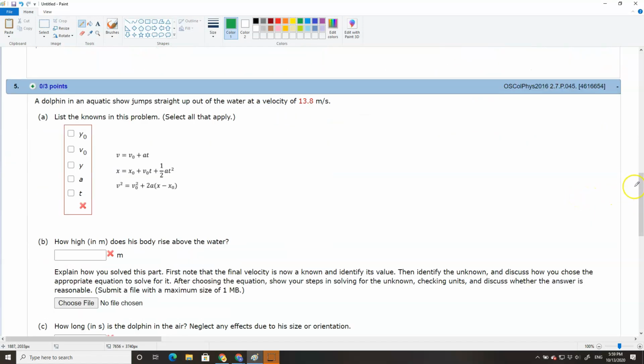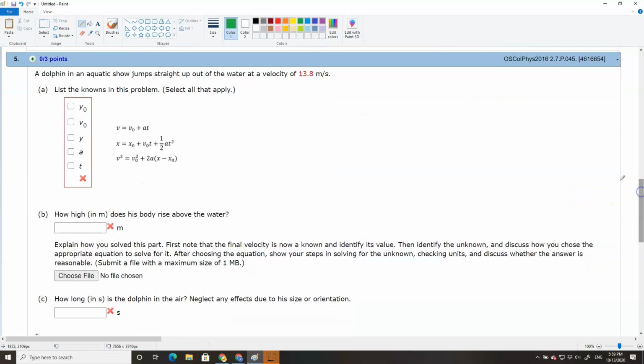Takes us to 5, the dolphin. In 5, here's the water. You have a dolphin leap out of the water with a speed of 13.8 meters per second. And it reaches some peak up here.